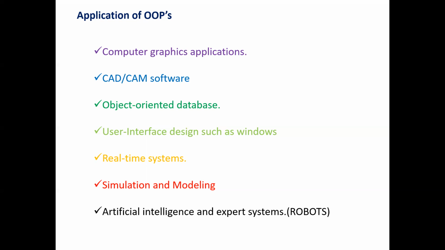Then the next one is real-time systems. One simplest example of a real-time system you can take is our traffic signals on the roads, right? That's an example. When you are moving in one direction, if you get a red light in the traffic signal, then you have to stop. In real time, it changes after some interval of time. At that time, again, movement takes place.